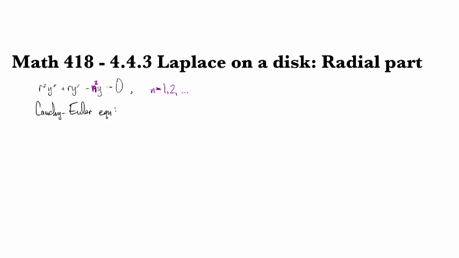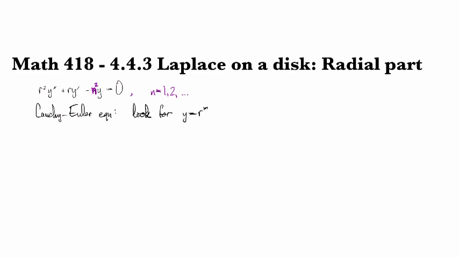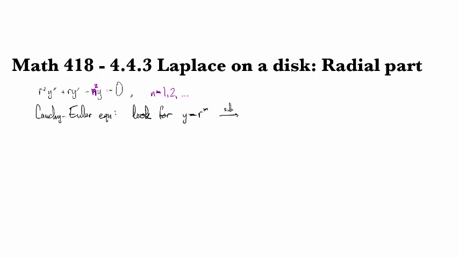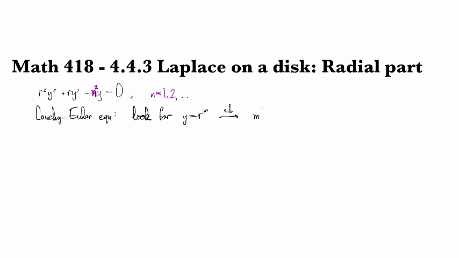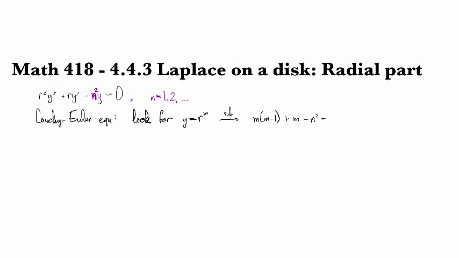So like I said, this is a Cauchy-Euler equation. And so that means that we are going to look for solutions of the form r to the m. Substituting this into the PDE leads us to the characteristic equation: m minus 1 coming from the two derivatives, plus m coming from the first derivative, minus n squared equals 0.